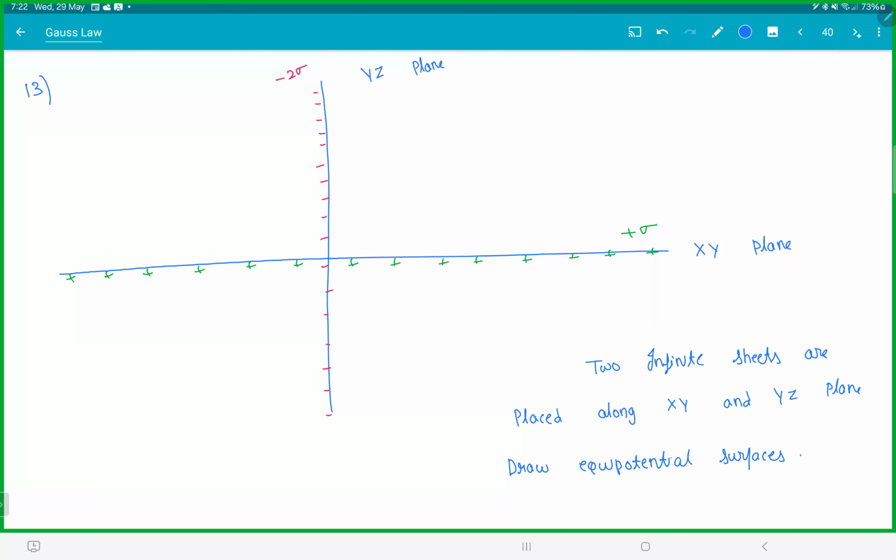Both the sheets are crisscrossing. Try, everyone. 2 minutes. It's a good one, simple. It's a proper JEE Main question.